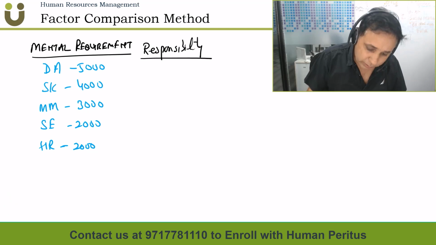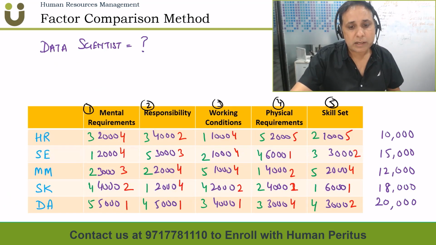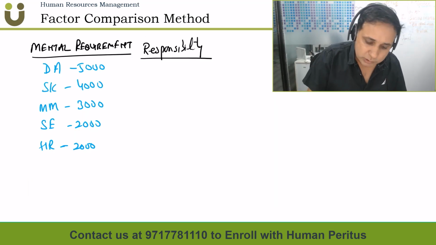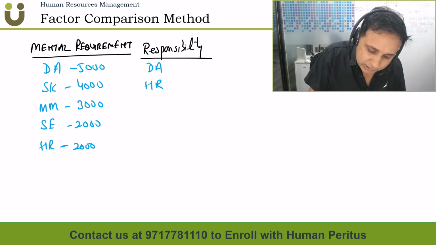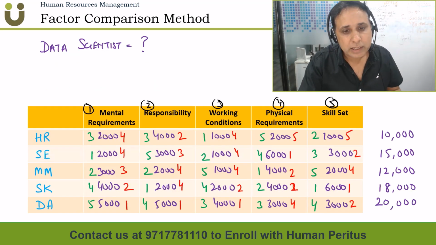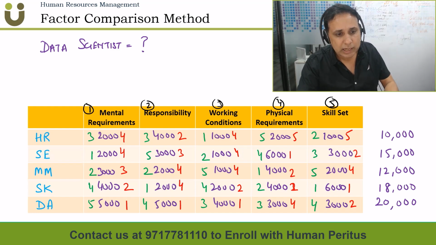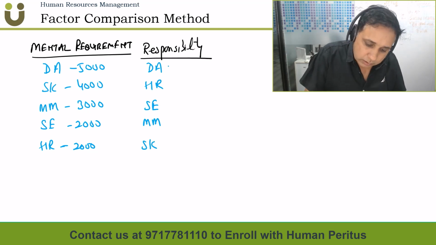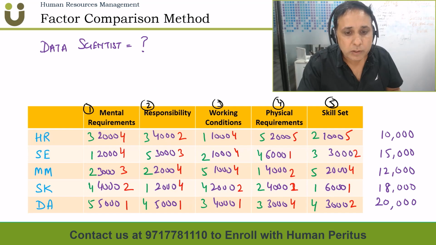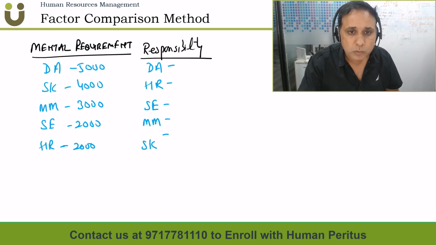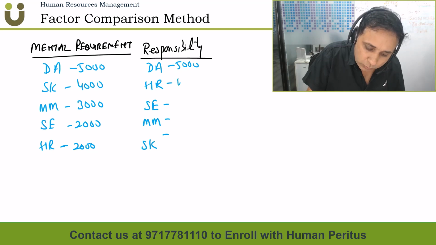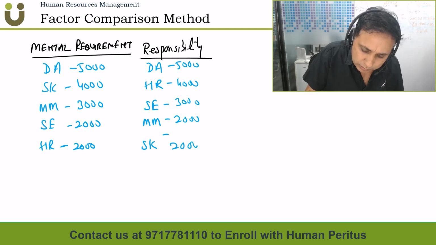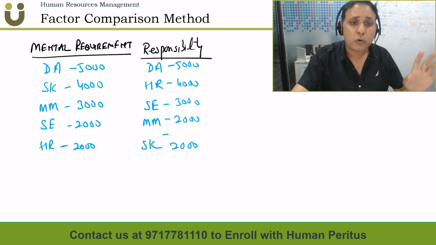In the case of responsibility, the first rank is DA, HR, SC, then MM and SK, and the money in front of them is 5,000, 4,000, 3,000, 2,000 and 2,000. This is how I do it for all five factors.